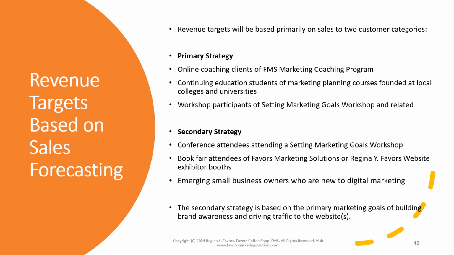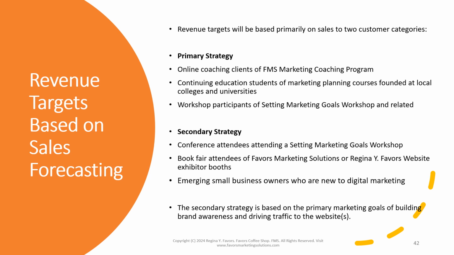So revenue targets based on sales forecasting. I separated them into primary and secondary strategies, and I based it on the idea of setting a revenue target: what would be most likely for me to achieve. A primary strategy would focus on the online coaching, continuing education students, and then the workshop participants, where I would actually get paid.